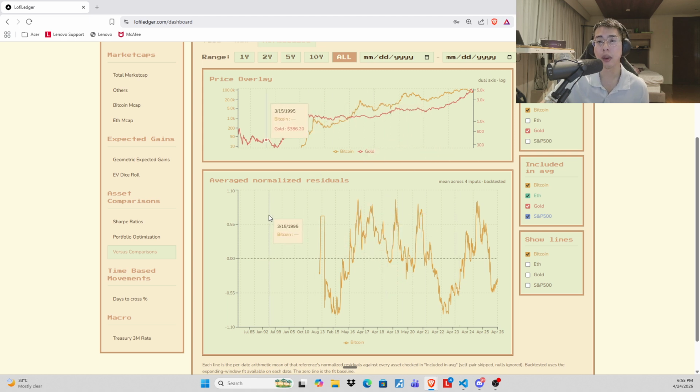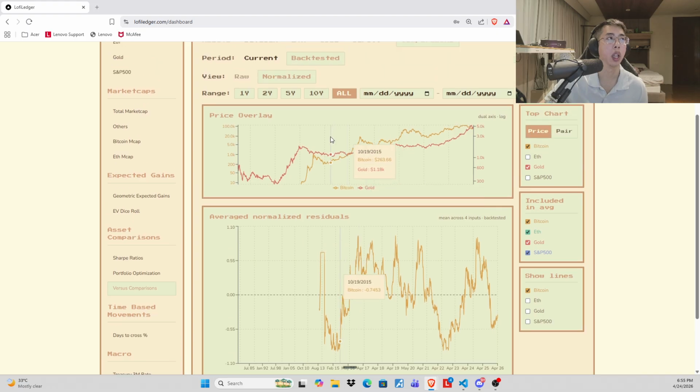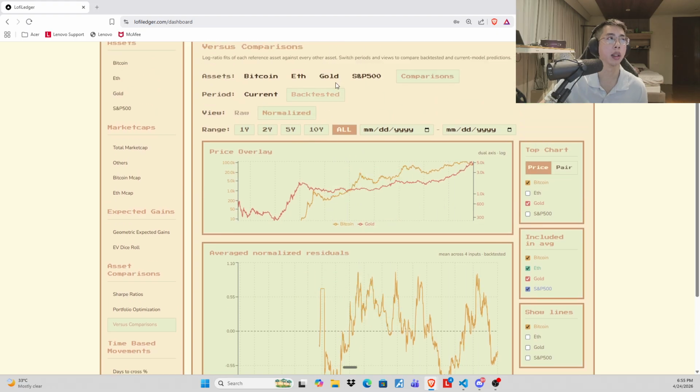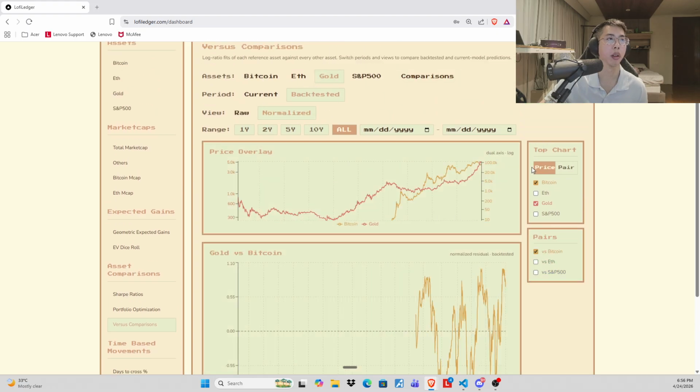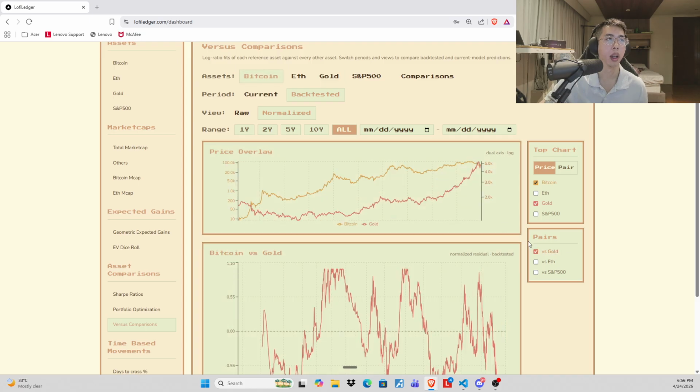But again, just a reminder to not take any single indicator as the absolute thing to make your investment decisions. This gives you an idea of when assets are overvalued and undervalued against other assets. But like what I showed you a while ago, you should still look at whether or not bull markets are over to decide whether or not that's it.